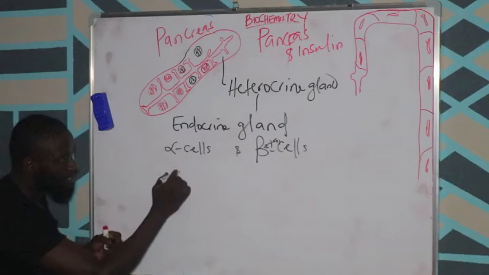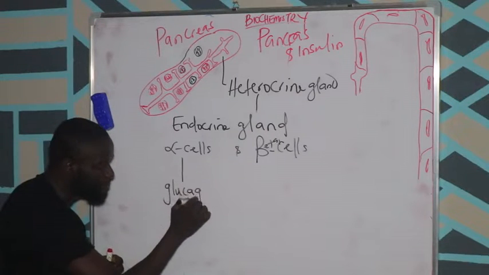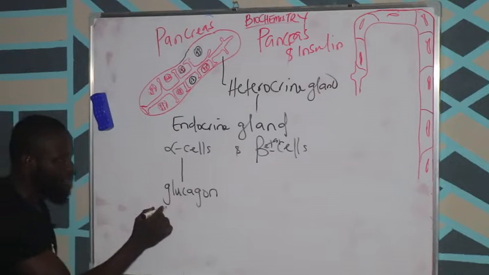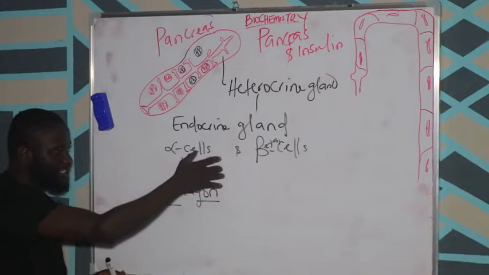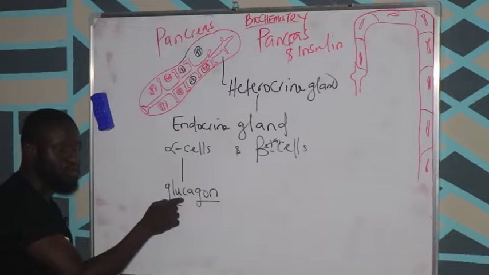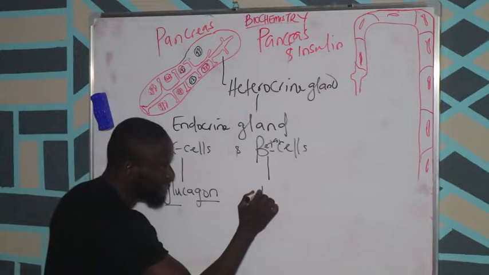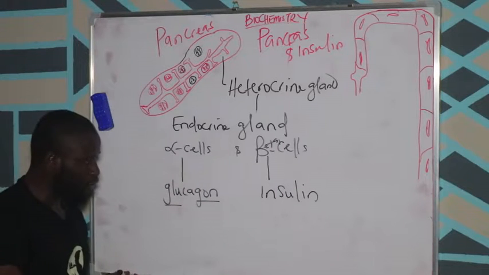The alpha cells are responsible for producing glucagon. So if you want to remember alpha cell, glucose is gone. You always remember when there is low glucose in the blood, the alpha cells produce glucagon, while beta cells produce insulin when there is high blood sugar.